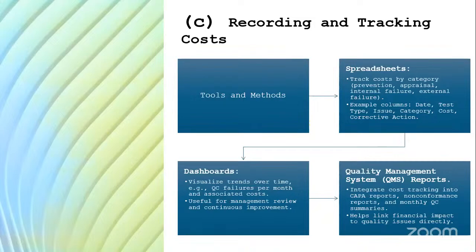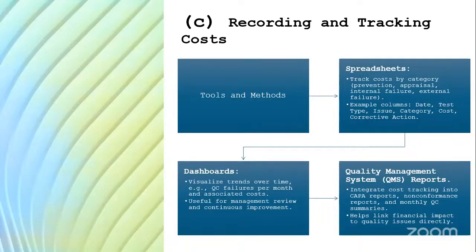We can use dashboards to visualize trends over time, for example, QC failures per month and associated costs that come with that. These dashboards are useful for management review and continuous improvement because you can track the progressive performance over time.